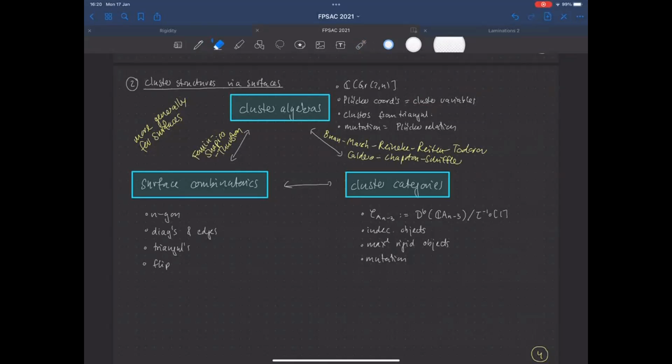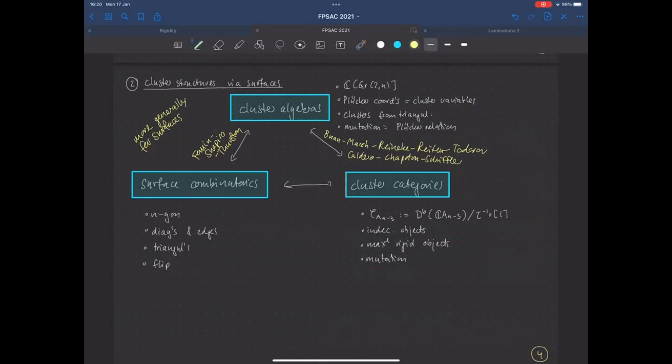This is a category of modules, of objects where each of these objects, if you look at indecomposable objects, they should correspond to the cluster variables. So you have indecomposable objects, cluster variables. And then these overlapping sets will be a collection of indecomposable objects, which are maximal in some sense, maximal rigid objects. And then you have an operation, which is a mutation again. We'll see that in a few slides, how that works.